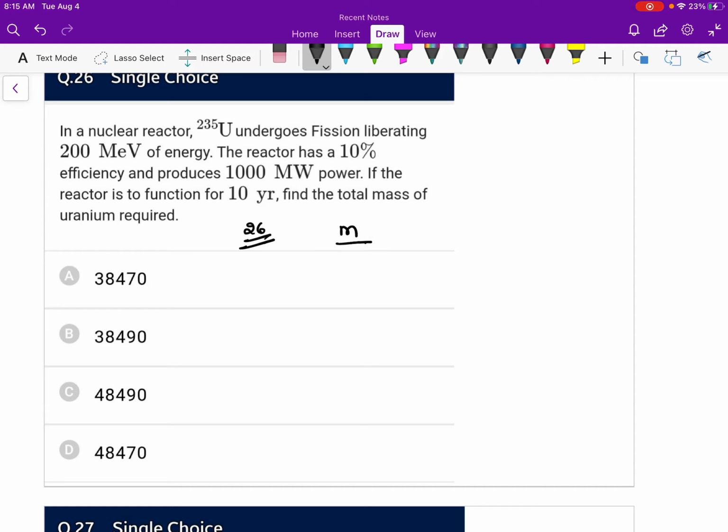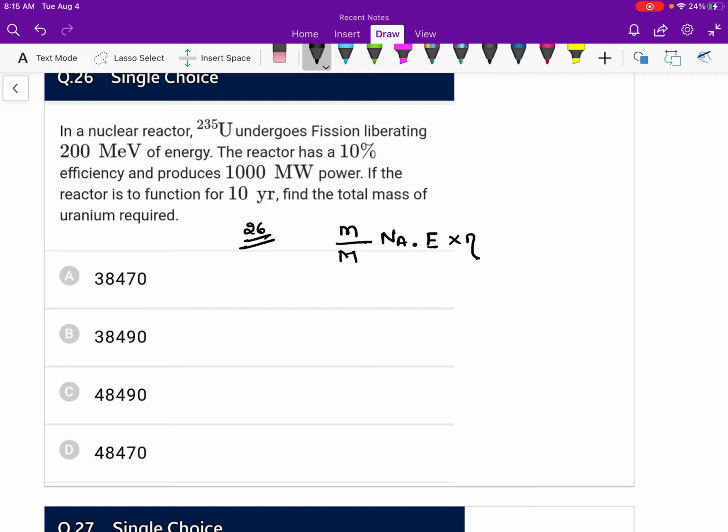So small m upon molar mass, this is number of moles, into Avogadro number, this is number of atoms, and number of atoms into energy per reaction, this is total energy, and into efficiency, this is total energy released.